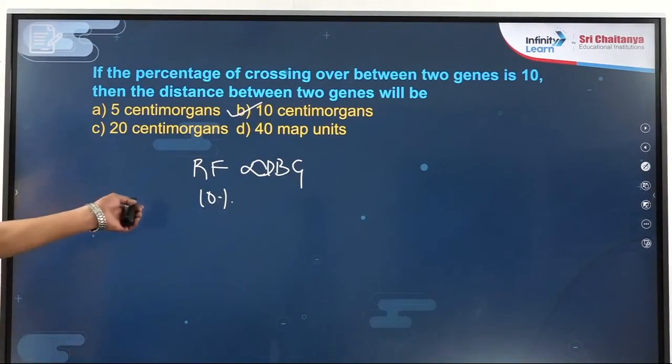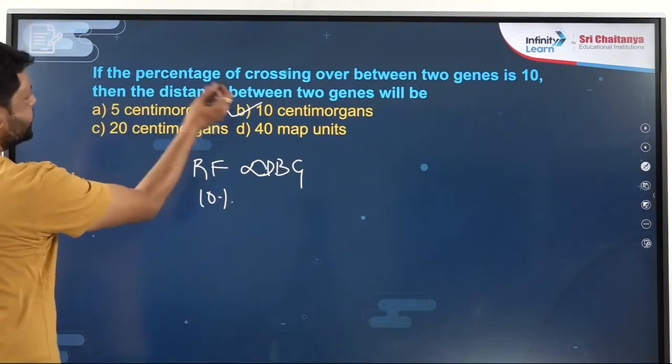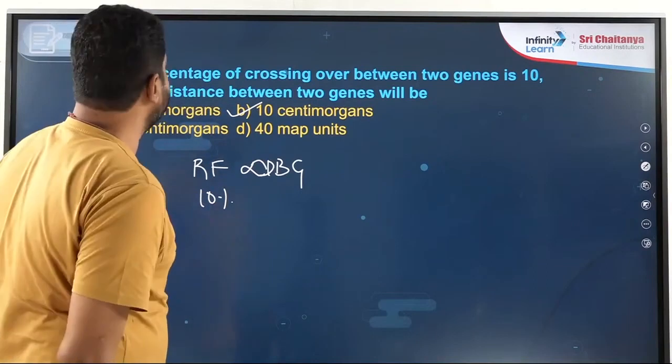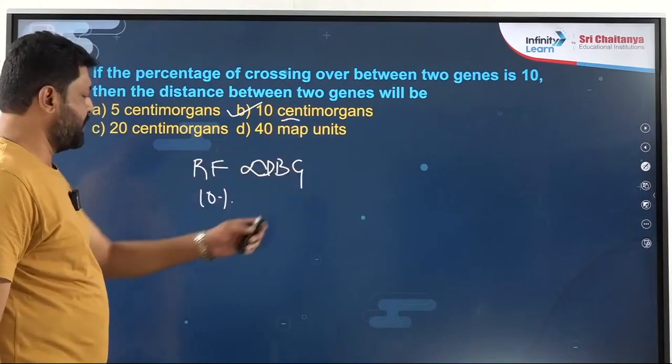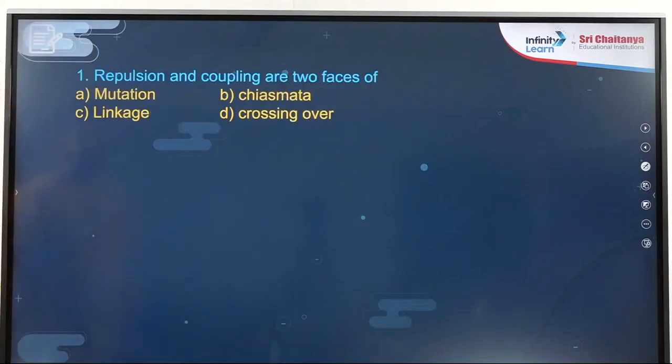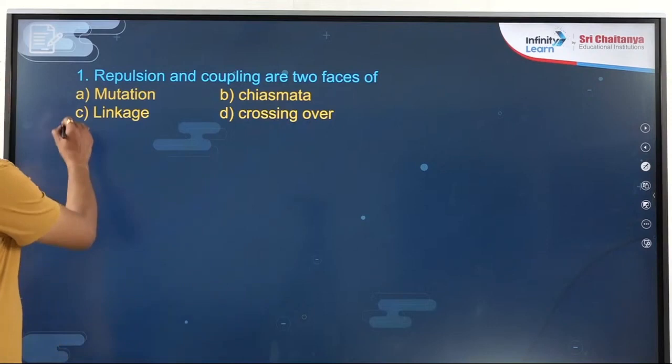RF, recombination frequency, is directly proportional to the distance between 2 genes. If the percentage of crossing over between A and B is 10, then the distance will be 10 centimorgans. Clear?